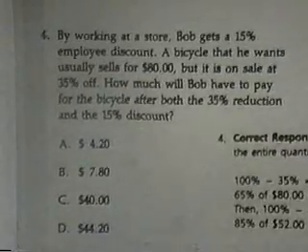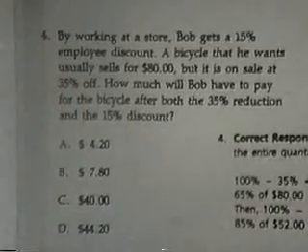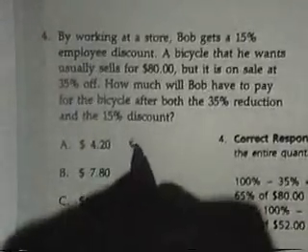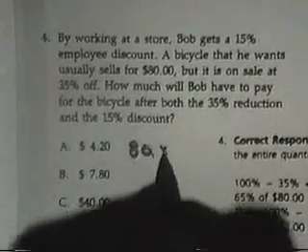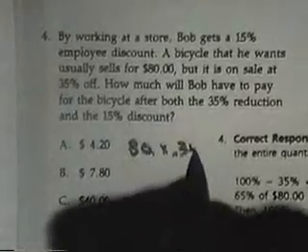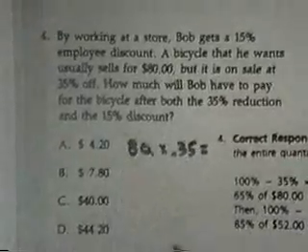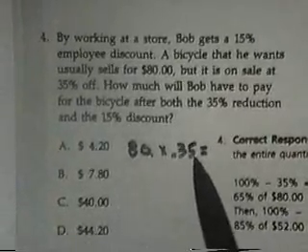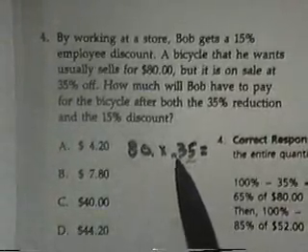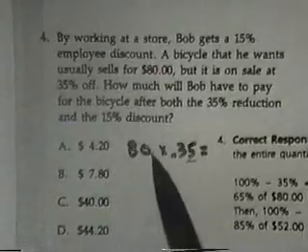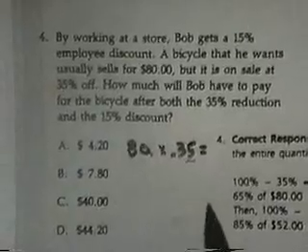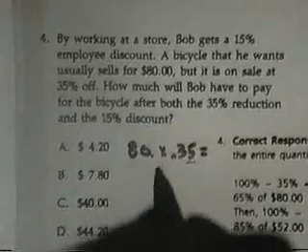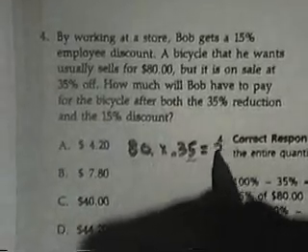That's usually not the way you're going to do it. What you'd probably do, you'd go up to the counter and say, well, I'm supposed to have $80 item here, and I get 35% off of that. Now remember, 35%, you move the decimal 2 places, take away the percent sign, and now we multiply. And when we multiply that, we get $28.